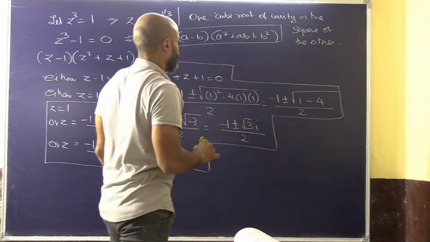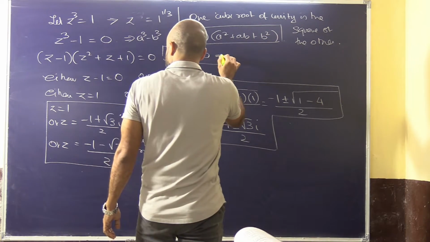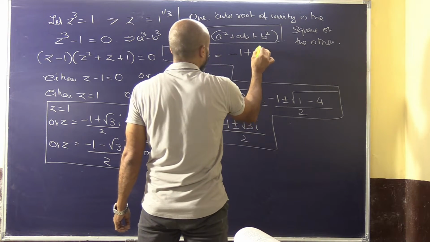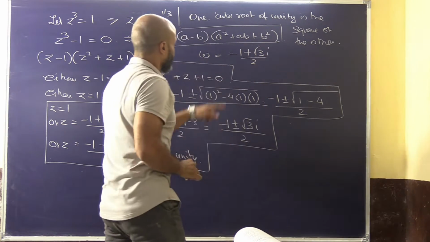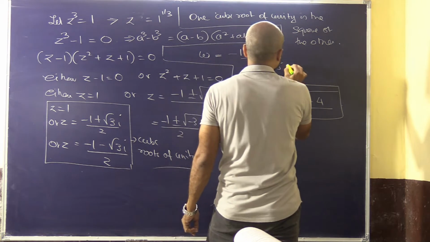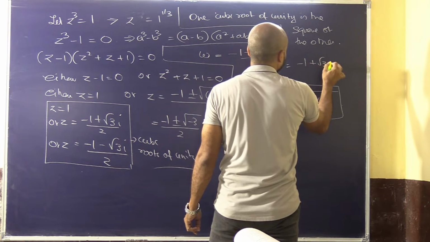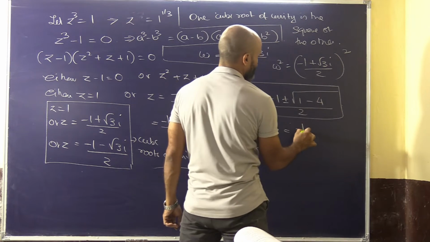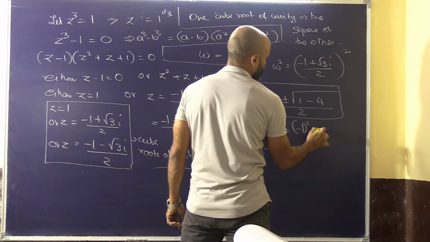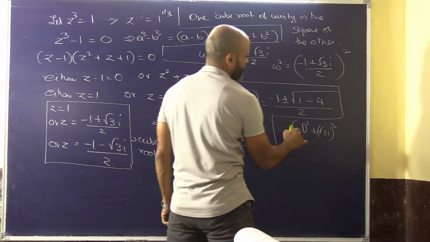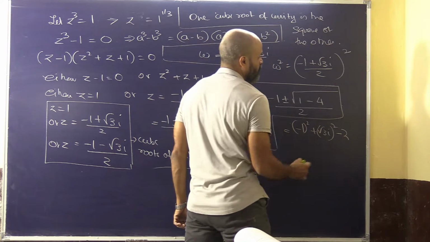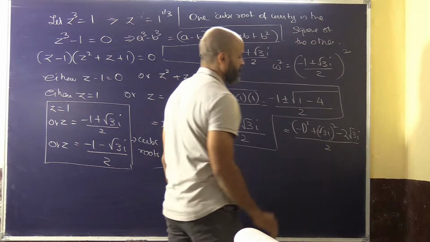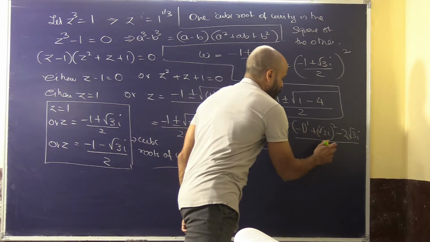For example, if we have omega is equal to, let's say, one of the cube roots of unity, minus 1 plus root 3i by 2. Now if I happen to square it, this will be minus 1 plus root 3i by 2 whole square. So this will be minus 1 square plus root 3i square, a square plus b square minus 2ab, over 4. Obviously the 2 square will become 4.